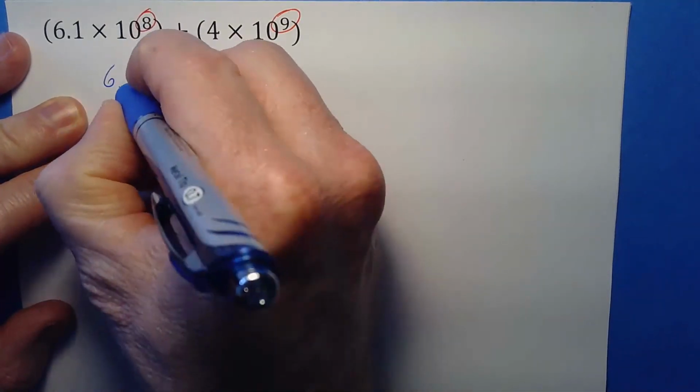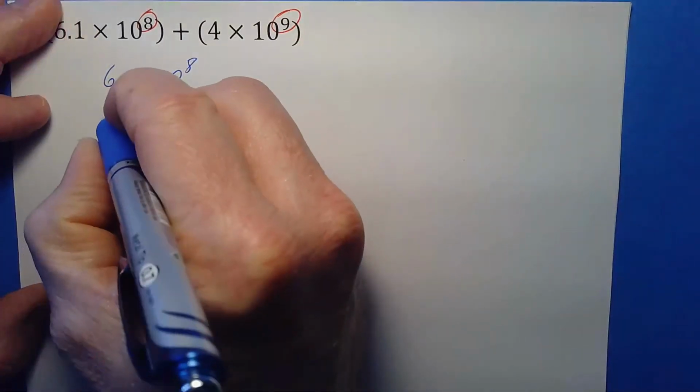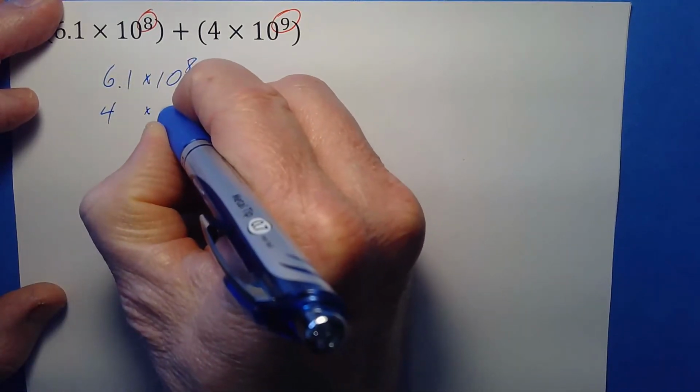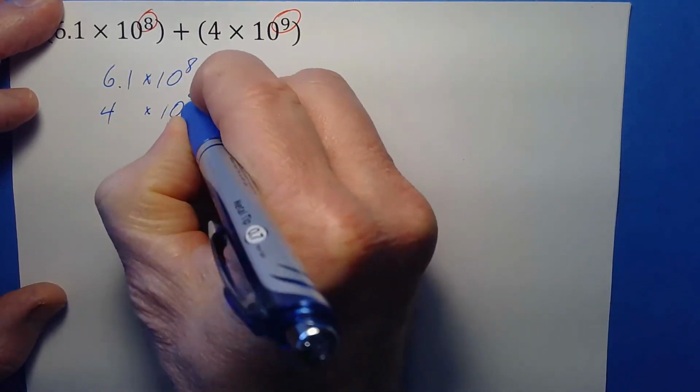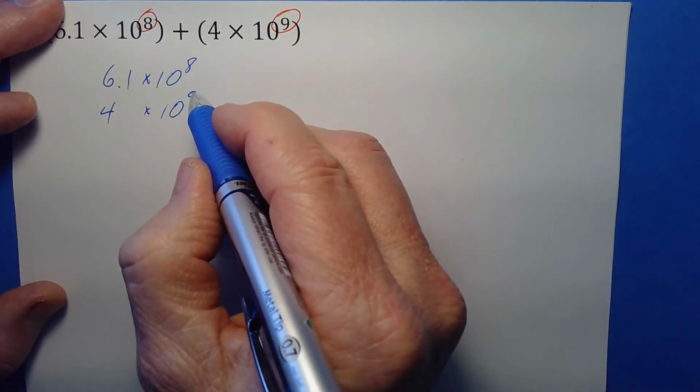So I've got 6.1 times 10 to the 8th plus, now I'm going to go ahead and line this up, but we're going to actually move it in a second anyway, 4.0 times 10 to the 9th. Again, the problem is that's an 8 and that's a 9. That's not what I want.